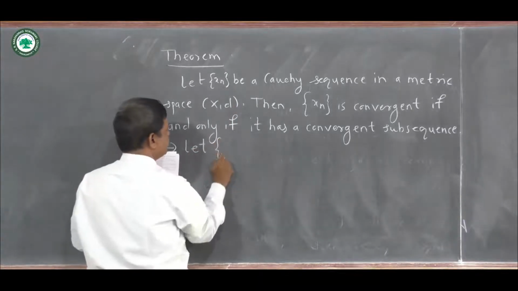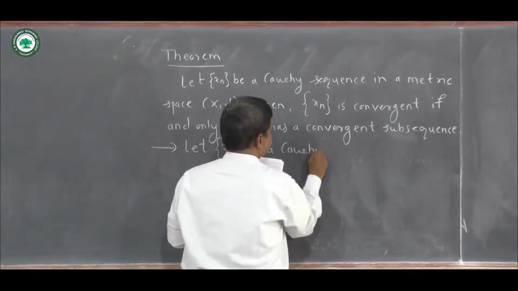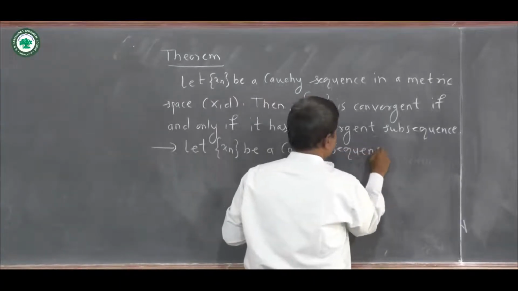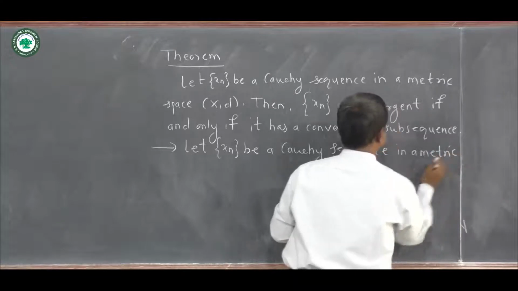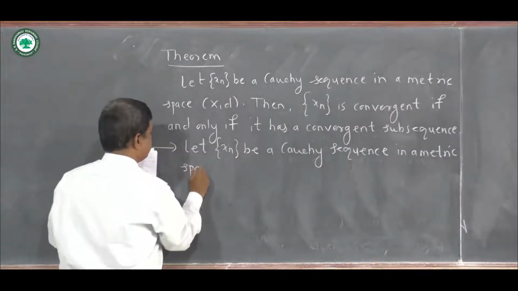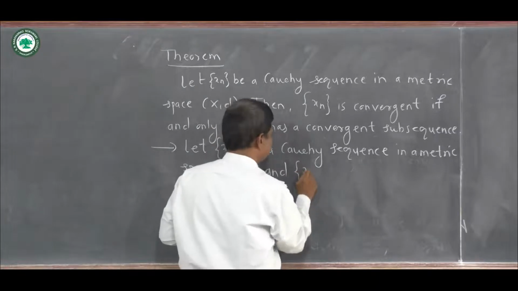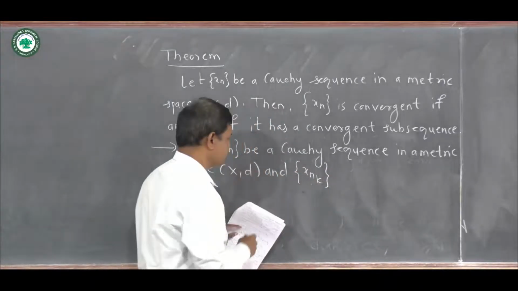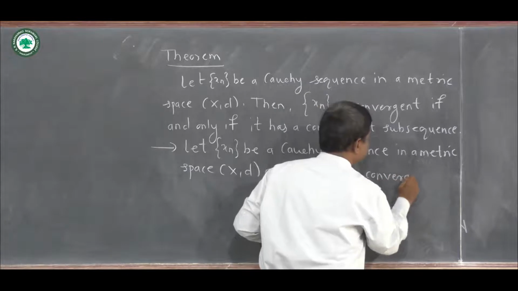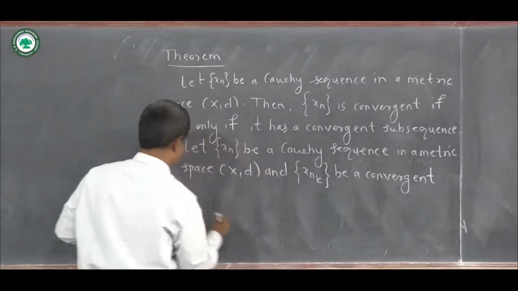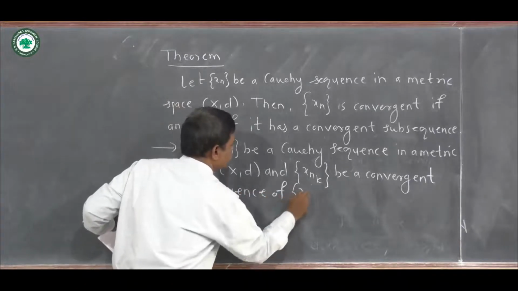So we write, let xn be a Cauchy sequence in a metric space (X, d), and xnk, which is a subsequence of the sequence xn, be a convergent subsequence of xn.